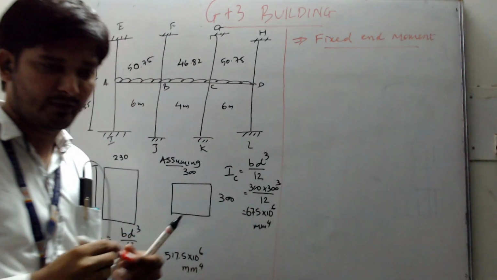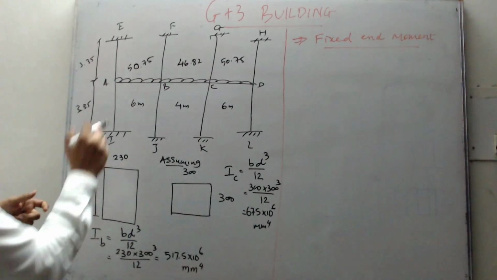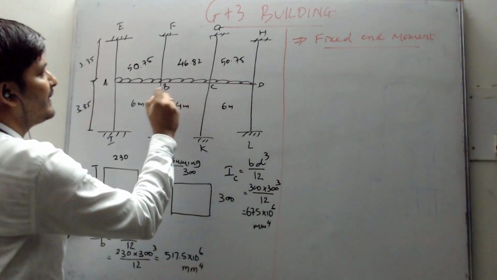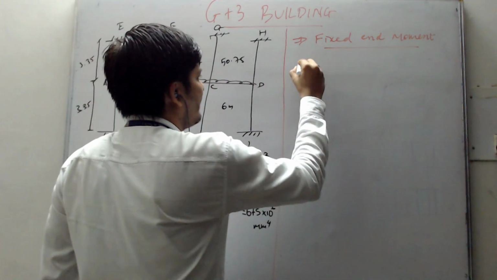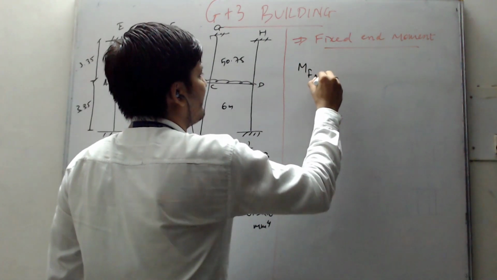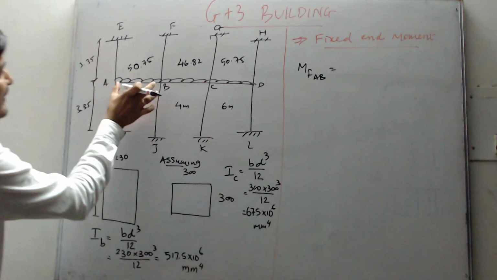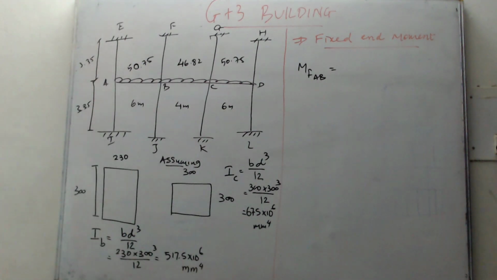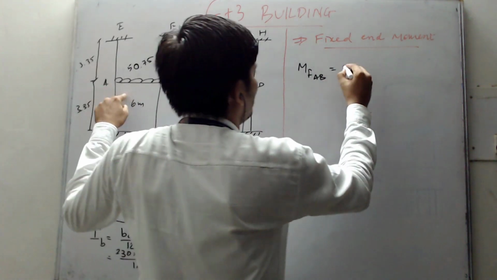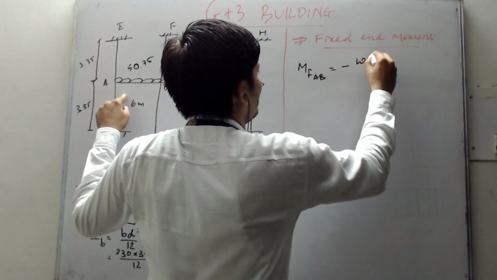So as you know, this is my beam AB, BC and CD, right? So first span is AB, so MFAB. If I consider only this span, right? So fixed beam having UDL, right? So formula for the bending moment is directly we can find out minus WL square by 12, right? MFAB is minus WL square by 12.